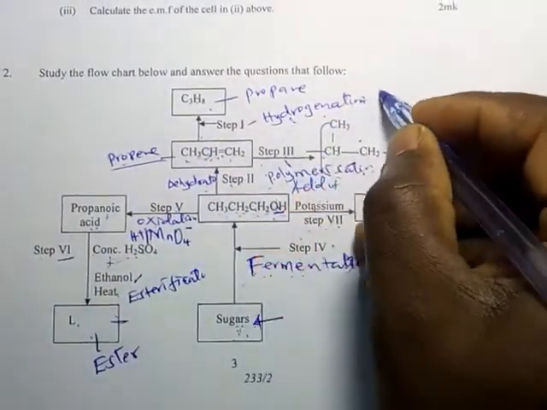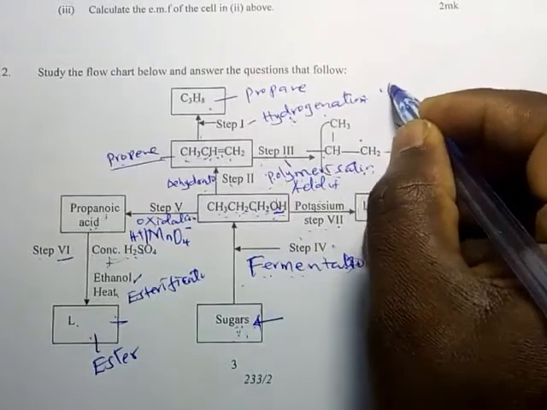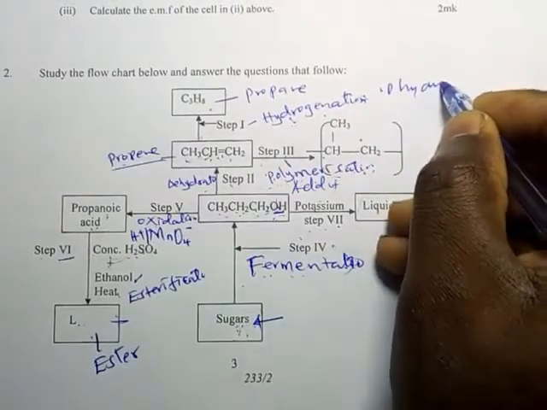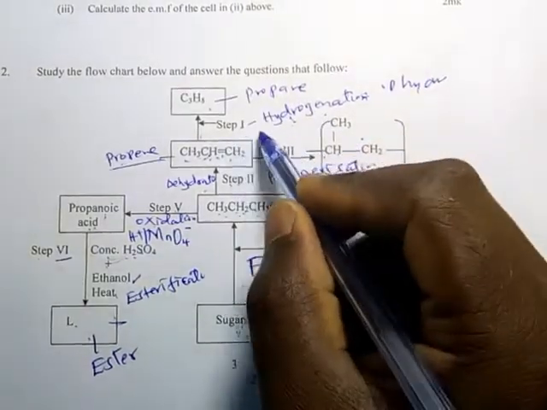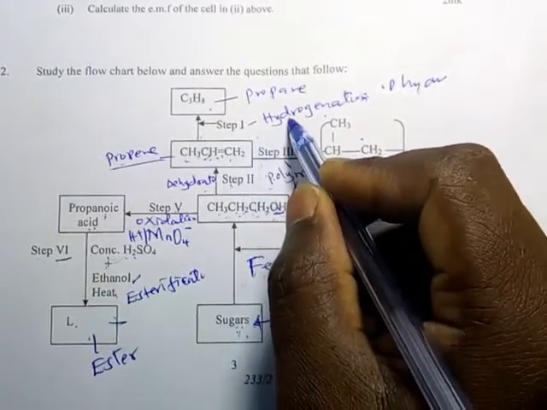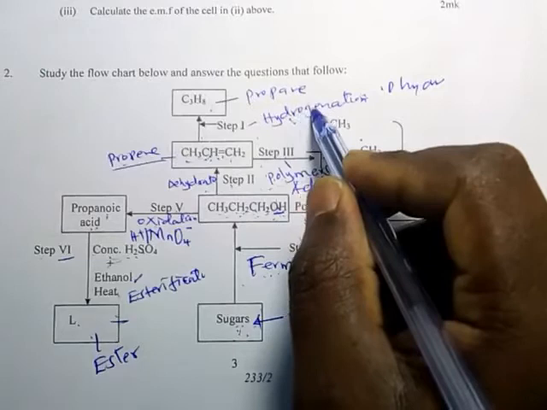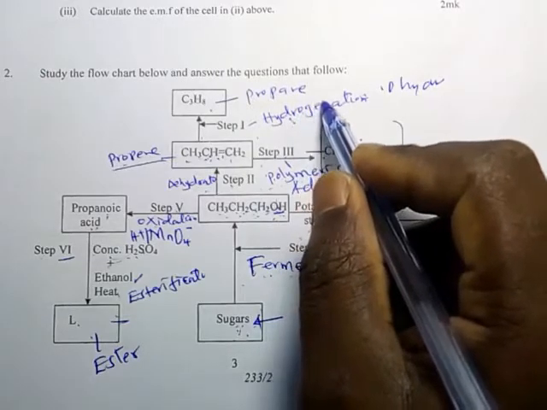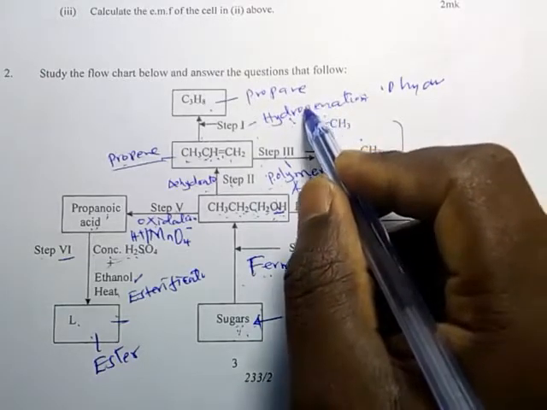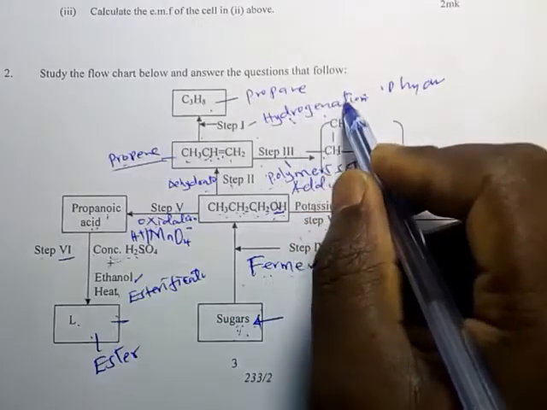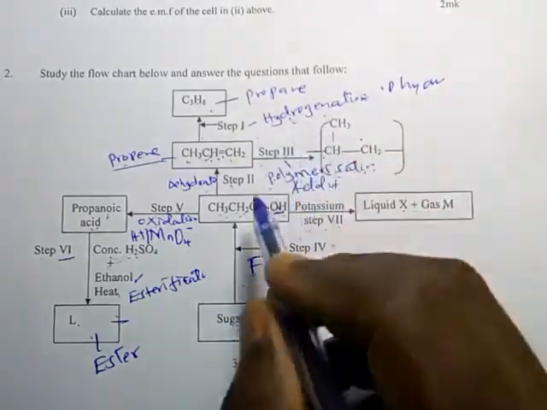So the reagent is hydrogen. And then the condition is that we must have a nickel catalyst and a temperature of 150 to 250. Remember that, 150 to 250 temperature. So those are the conditions.